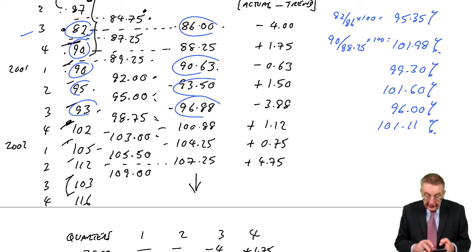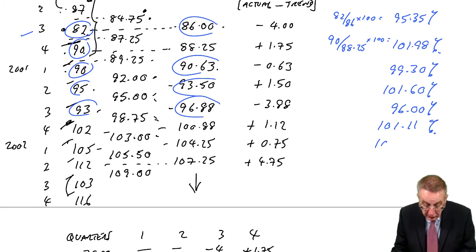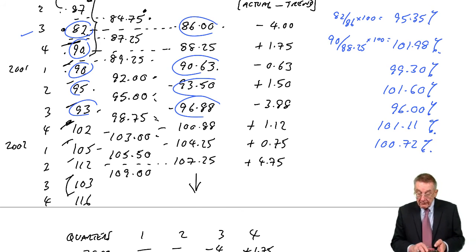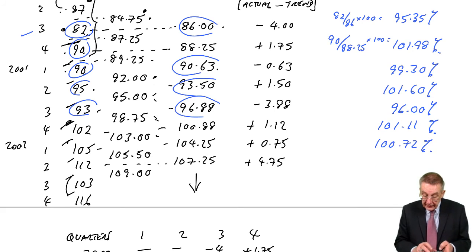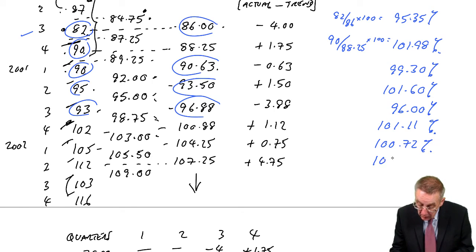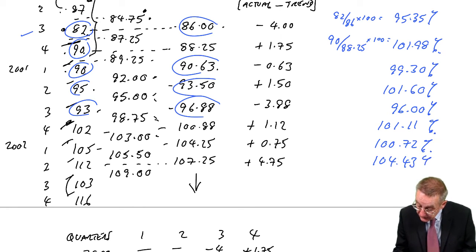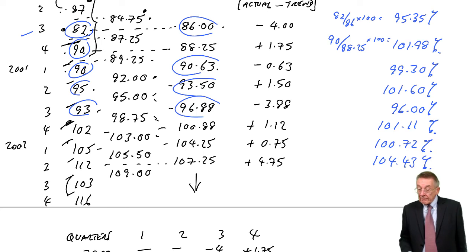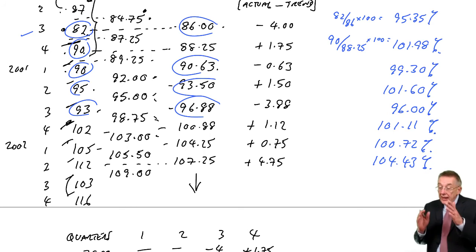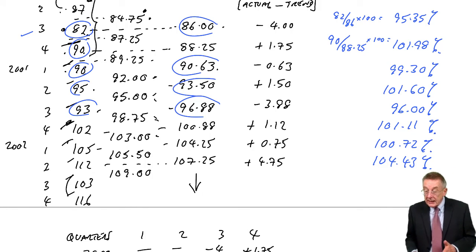Nearly there. 105 on 104.25, 100.72%. And finally, 112 divided by 107.25, 104.43%. So I hope you see what I'm doing. The actual as a percent of trend.